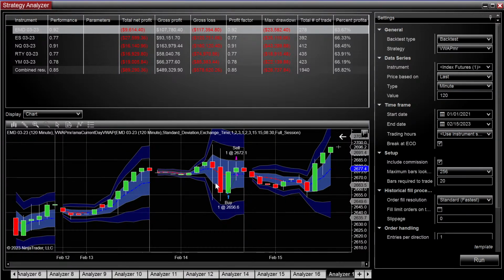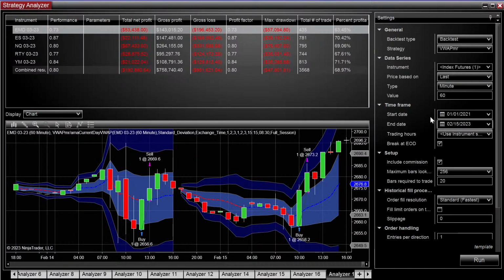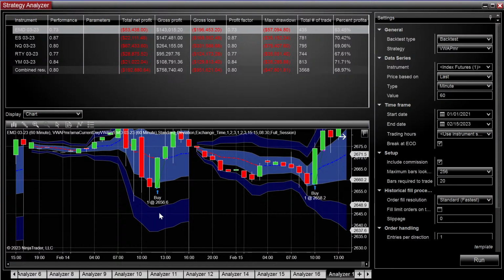So here's an example of basically the condition we wrote. The low is less than previous low, open and close greater than the previous low, and the high is less than the high, so we entered long and exited there at the VWAP. Obviously these time frames are a little bit too high. Here's another example.